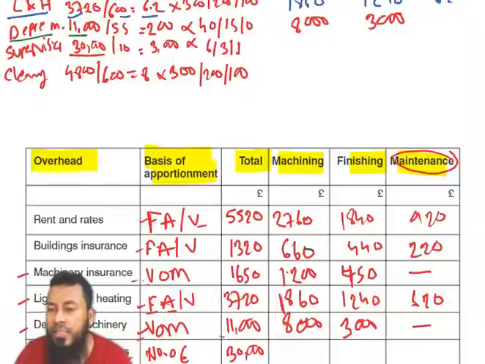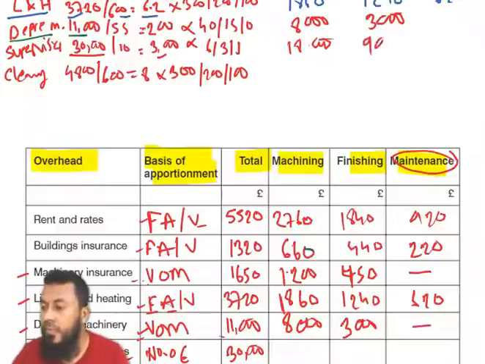Here we go. 30,000 divided by 10, you get 3,000 times 6, 3 and 1. So 3,000 times 6 gives you 18,000 for machining, and 3,000 times 3, 9,000, and lastly 3,000.